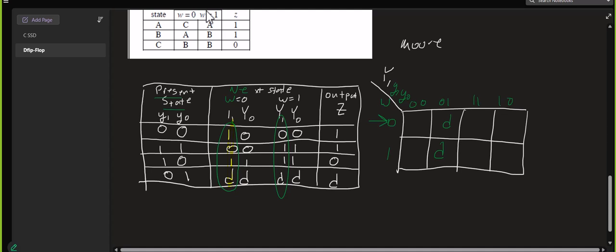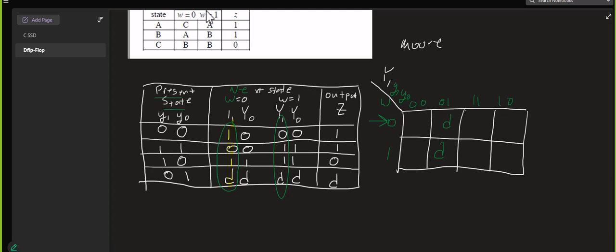So when W is 0 and little y1, little y0 are 0, 0, then my Y1 is 1. Right now I'm filling in the top row up here. When y1, y0 is 1, 1, and W is 0, Y1 is 0. And when y1, y0 is 1, 0, and W is 0, Y1 is 1.